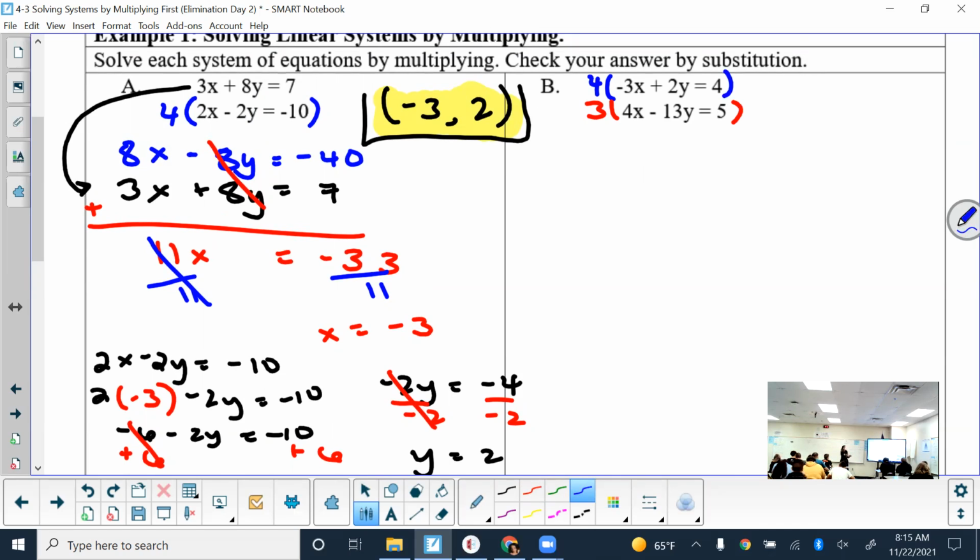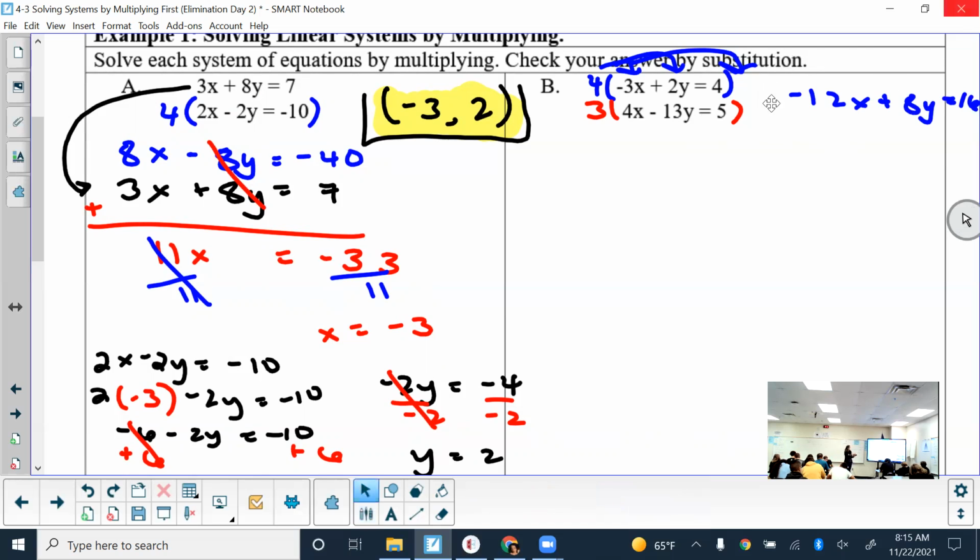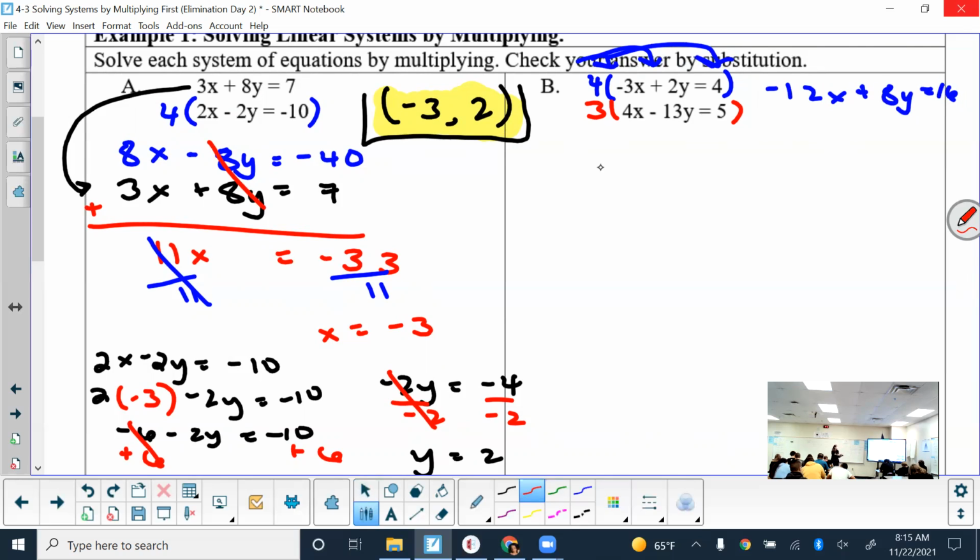So what is 4 times negative 3x? 4 times 2y. And 4 times 4. I'm going to move this over a little bit. All right, and then the bottom one, multiply each one by 3.